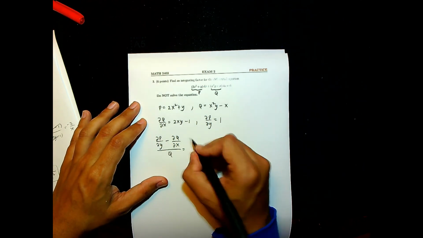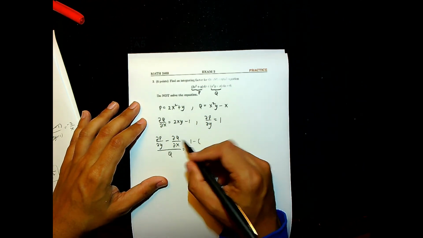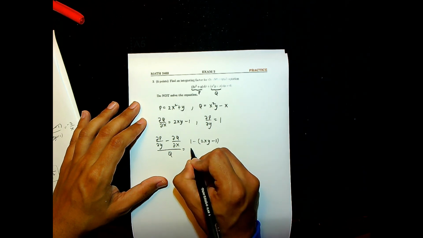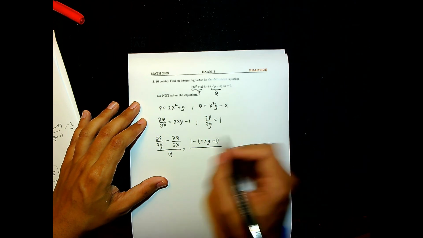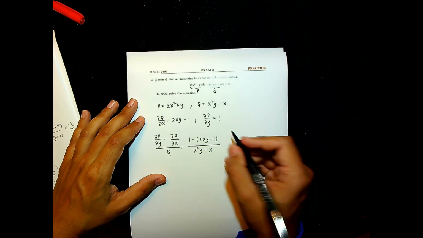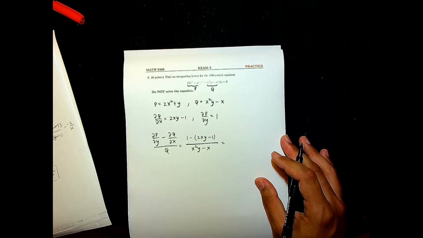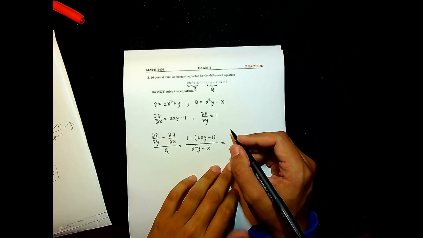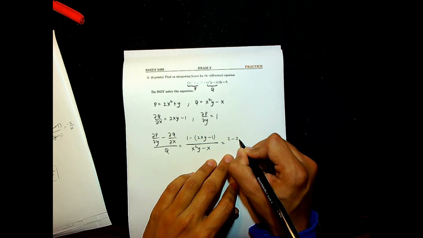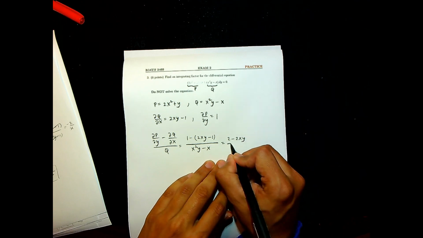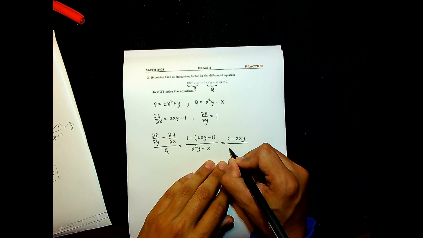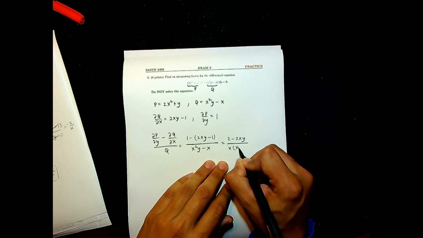So this is 1 minus the partial of Q with respect to x, which is 2xy minus 1, all that over Q, which is x squared y minus x. Now, simplifying, this is 2 minus 2xy, and on the bottom you can factor out an x, giving xy minus 1.